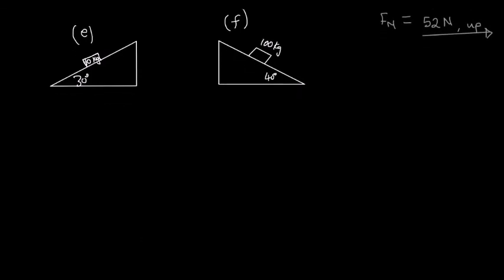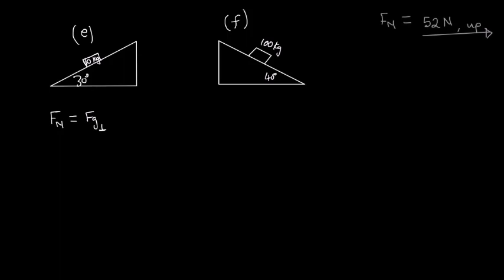So let's look at this. Obviously there is no force applied. Since there's no other force applied at an angle, this is the place where we can say that the normal force is equal to the y component, the perpendicular component. So how do we get that? Let's draw a diagram.